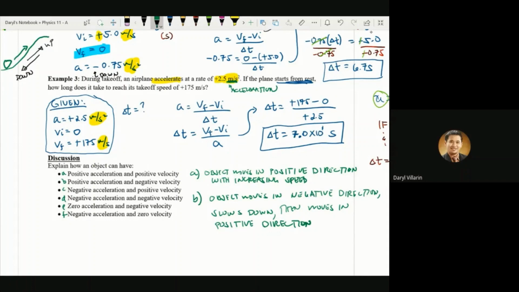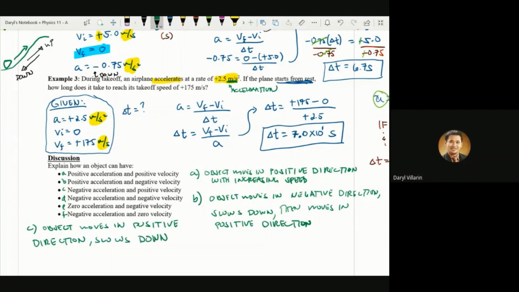Because actually, this is the same thing with letter C. Negative acceleration, but positive velocity. So it only says that the object, if you can observe with that one, moves in the positive direction, but slows down.